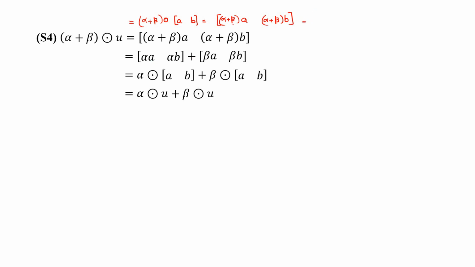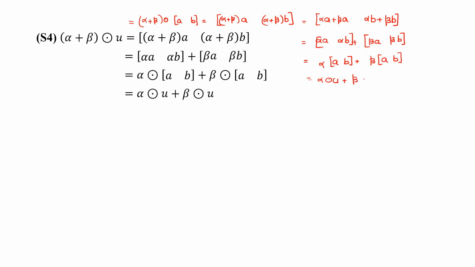So that is (alpha a plus beta a, alpha b plus beta b), which is equal to (alpha a, alpha b) plus (beta a, beta b), and that is equal to alpha times (a, b) plus beta times (a, b), that is equal to alpha dot u plus beta dot u.